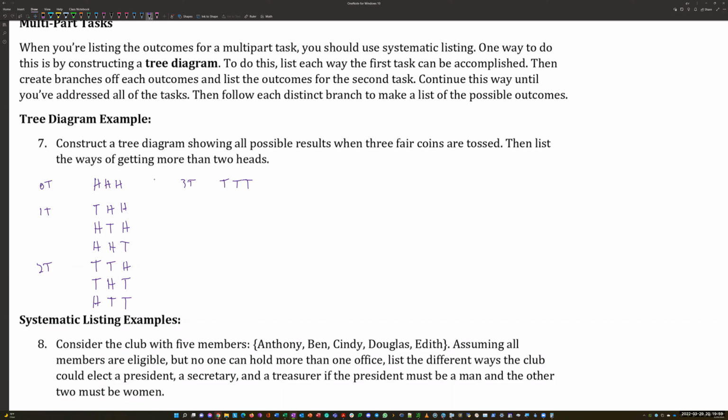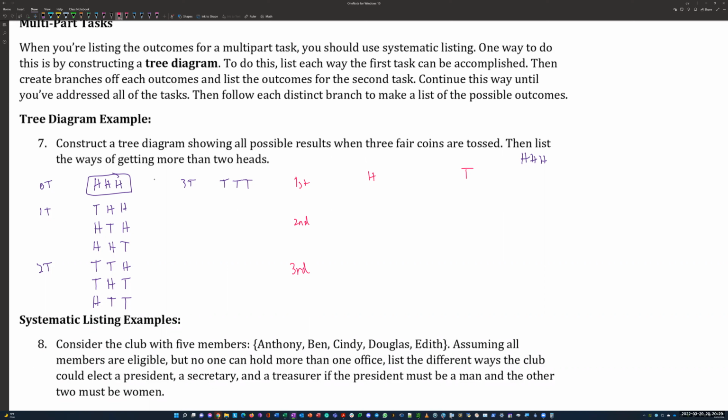Now it says list the ways of getting more than 2 heads. More than 2 heads, there's only one way. You'd have to get 3 heads. Is that correct? Yes. He says do it with a tree diagram, so I'm just going to do it with a tree diagram real quick. There's the first coin, the second coin, and the third coin. The first coin could either be heads or tails.